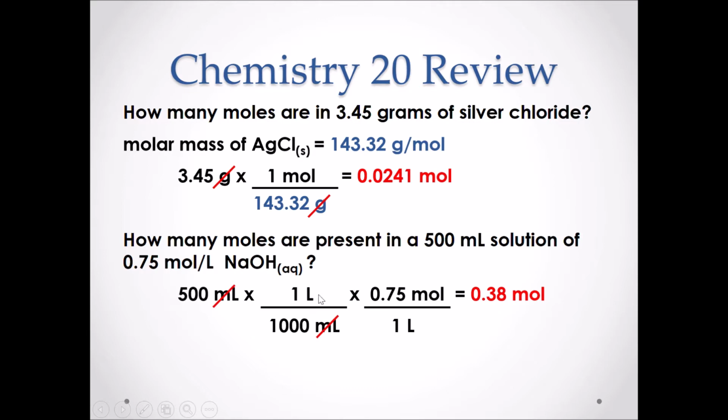Once we are in liters, we can then times our value by 0.75 moles on the numerator and divide by 1 liter on the denominator. This cancels out liters, and as a result, our answer is left in moles, 0.38 moles, 2 significant digits because that was the lowest going into the calculation.